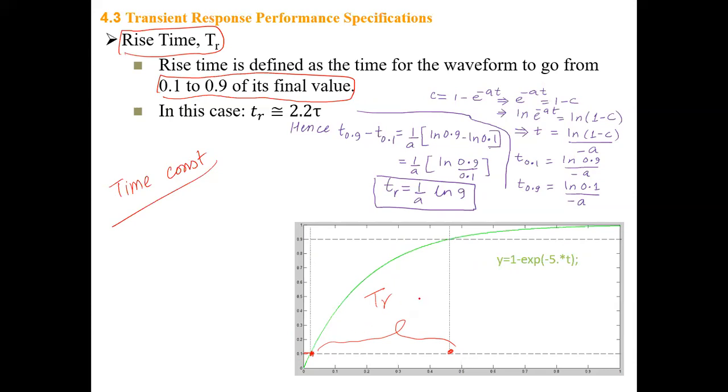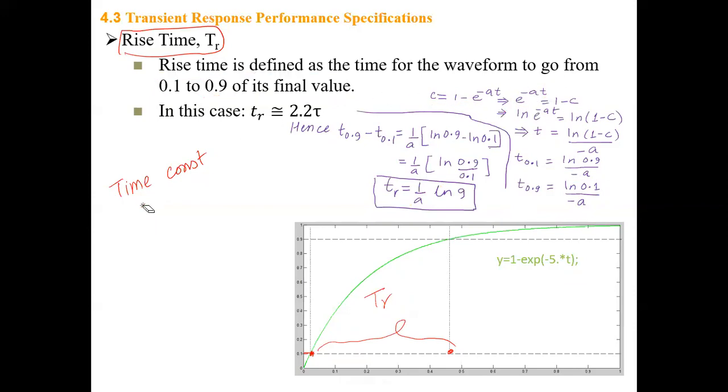That rise time can be found to be 1 over A ln 9. So you set C equals 1 minus e to the minus A t, then e to the minus A t equals 1 minus C, take the log on both sides, then solve for t. You know that, so I don't have to spend too much time on this.